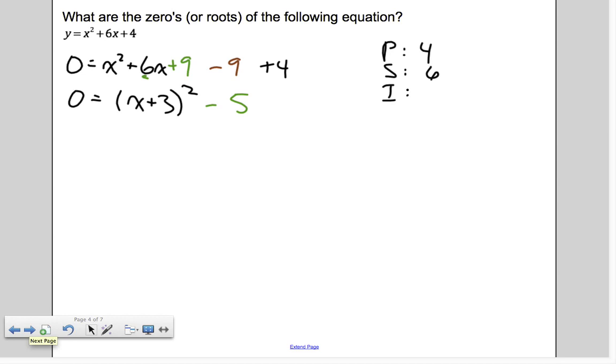Now I want to solve for x. What's the first step? Let's add 5 to both sides. We got 5 over here now, so (x plus 3) squared equals 5. What's our next step to solving for x now? Square roots.